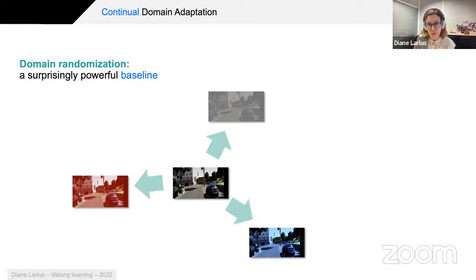They do not change the semantics, which means that if you have labels, the labels stay relevant for the task, right? And intuitively, if you apply domain randomization, this increases the model's comfort zone when training. So this is the process of adapting to different domains. And in turn, this results in models that forget less.